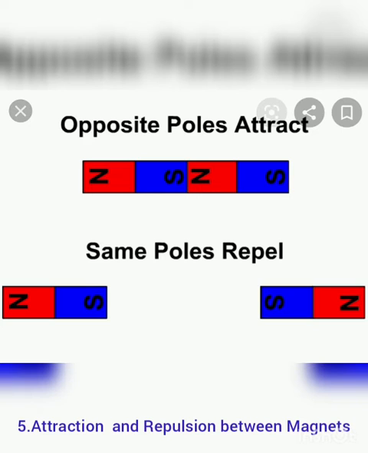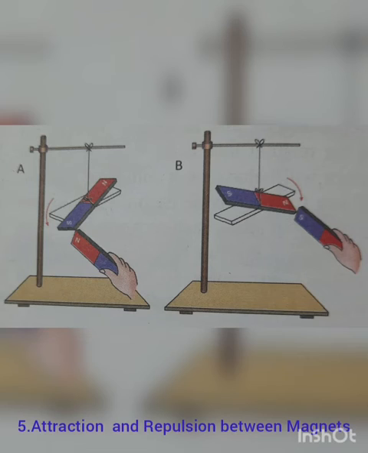We can do an activity to show us the property of attraction and repulsion of magnets. A bar magnet, a non-magnetic stand, and another bar magnet are required for this activity. Suspend a bar magnet from a non-magnetic stand and let it come to rest.